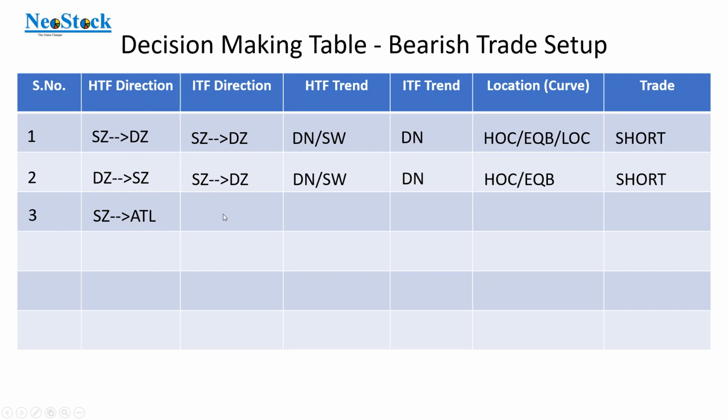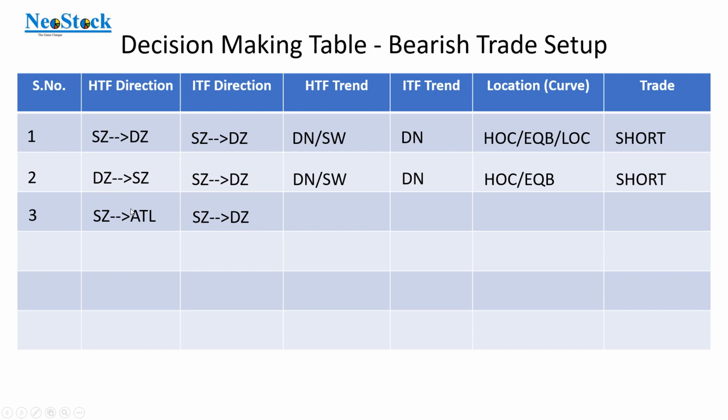In the ITF price direction also, either you have supply zone to all-time low, that is one scenario, or in the ITF both demand and supply zones will be there. In that case, it is supply zone to demand zone, and later you will see the other scenario.